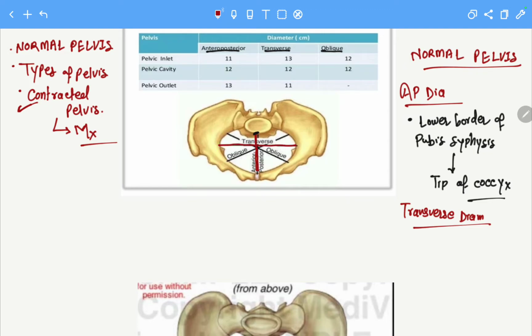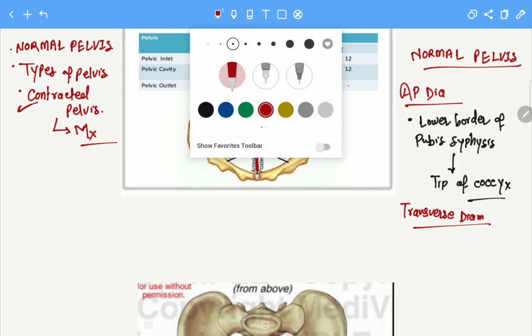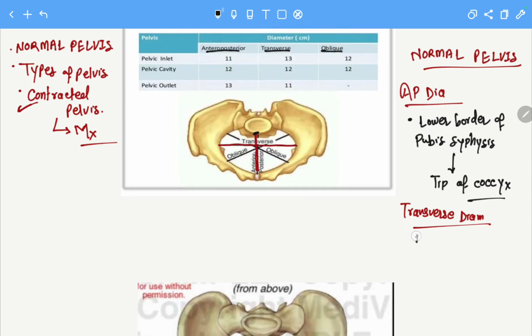It is the distance between the two ischial tuberosities. And this one is the oblique diameter.